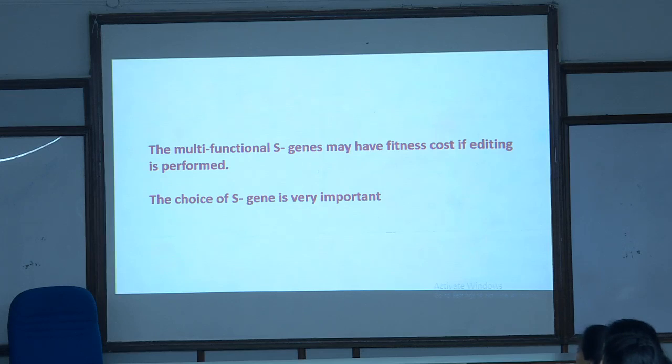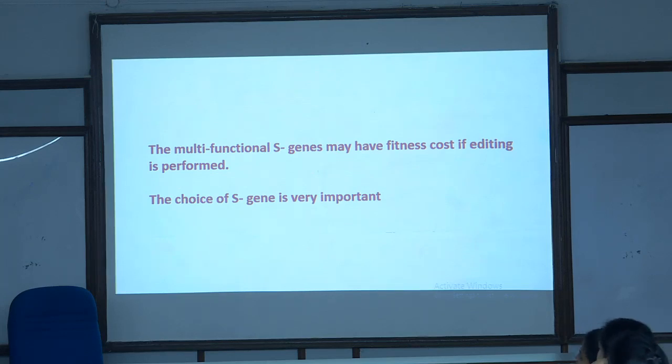They have more than one function. In addition to guiding the pathogen, they may have some vital role in the very developmental process of the plant itself. If you touch them, yes, you get a resistant line, but in the process, the plant may not look like the plant again. It may be something else, some handicap, some fitness cost. So the choice of S gene becomes so important, right?